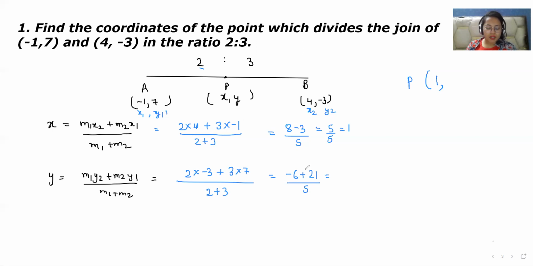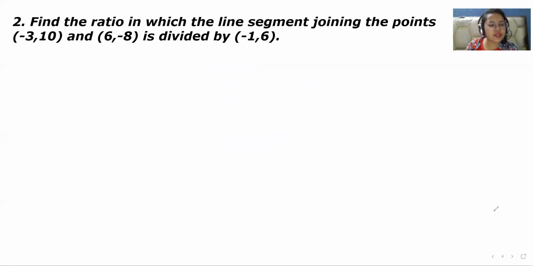So -6 plus 21 is 15, because 21 is greater than 6. Now 15 over 5 is 3. So the coordinate for y is 3. So the coordinate of P is (1, 3). I hope you understand. Now move forward to the next question.